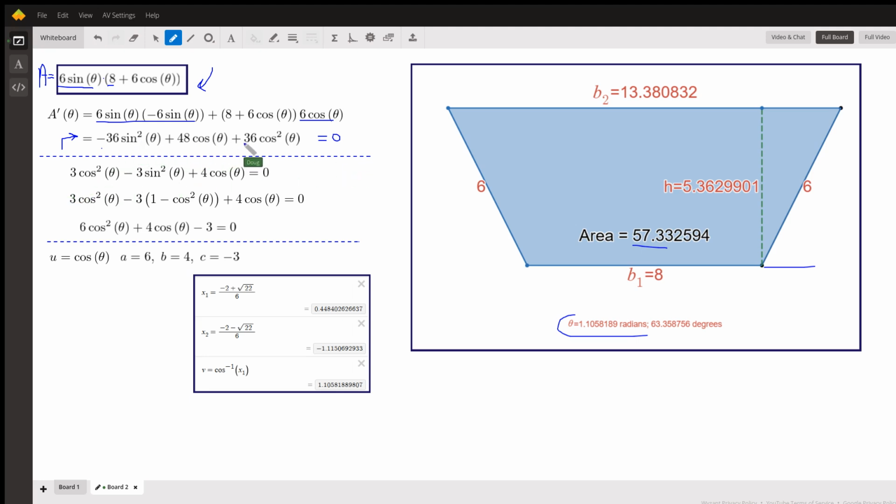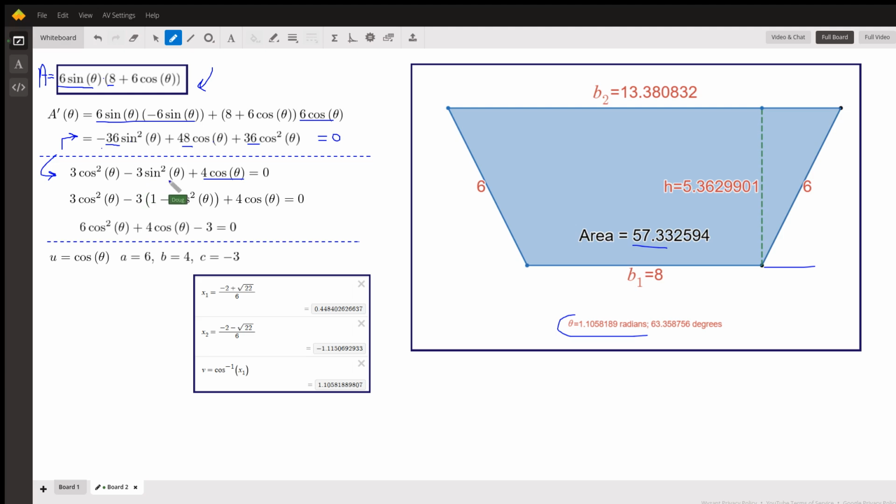You might notice that every one of these factors or terms is divisible by 12. So that's what I did down here. 3 cosine squared minus 3 sine squared plus 4 cosine theta equals 0. I see that if I could get everything in terms of cosine, then I might have a quadratic equation.